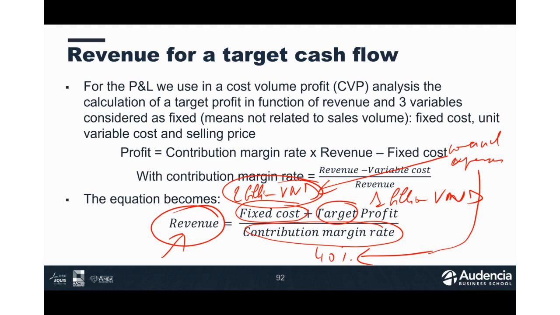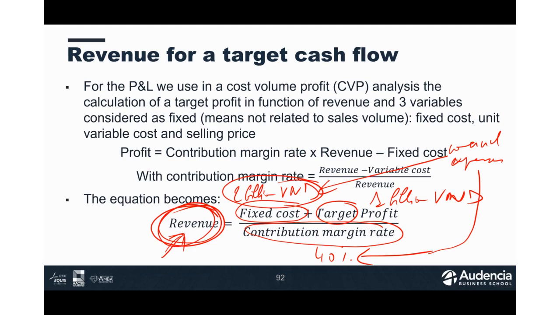You define a new revenue and you ask, now with the effort we do in terms of advertising, can we reach the revenue in order to have this profit? So in the forecasting process, it's very important to determine which revenue we need in order to achieve this target at the end in the P&L.